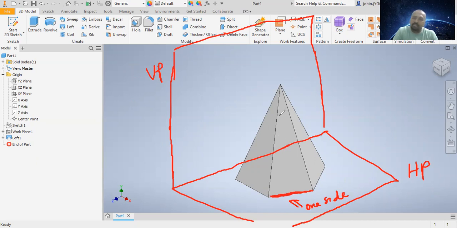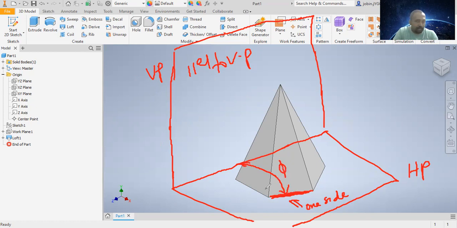So when you place this hexagon, you have to make one side parallel. Here there are a total of 6 sides, 6 edges. When you place this hexagonal pyramid in such a way that one side of this pyramid is parallel to the VP, the vertical plane, here you can see a small inclination phi is there.